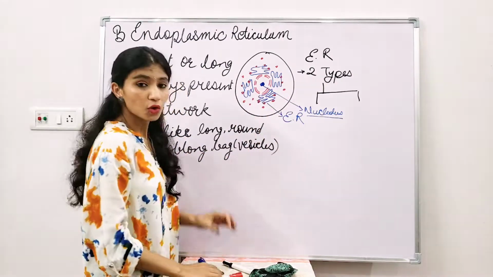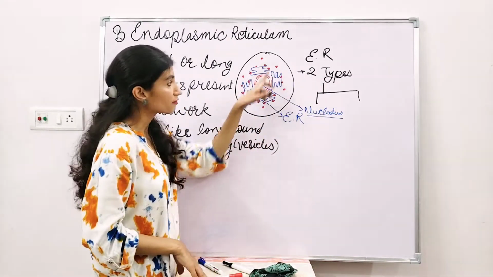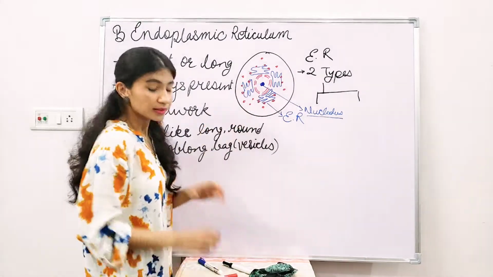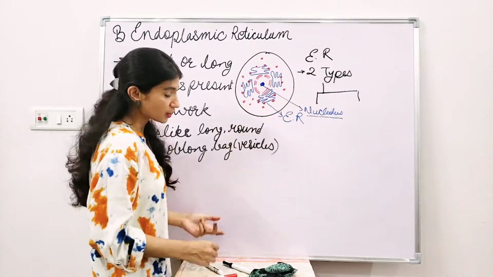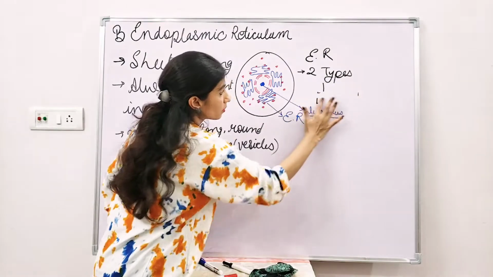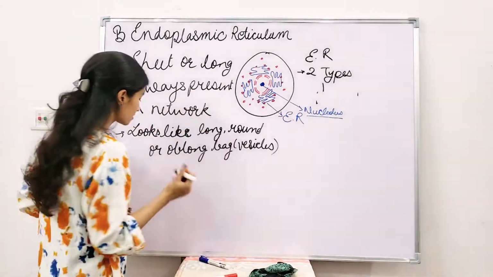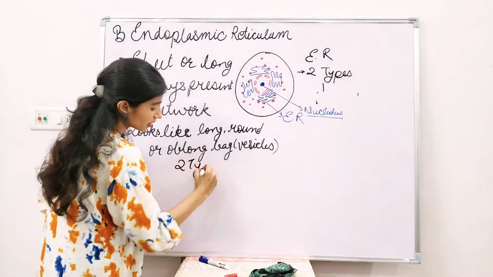Okay, so on the basis of arrangement of ribosomes, the endoplasmic reticulum is actually divided into two parts. Okay, now we'll look at the two parts. So ER is of two types.